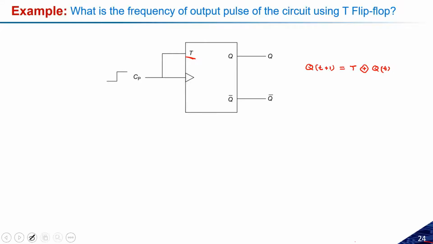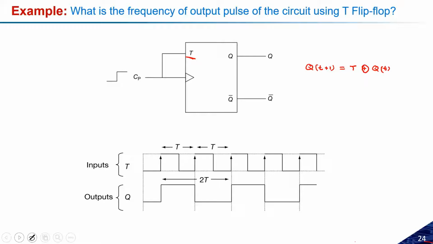Okay, so let us see how it will look. See here, suppose I have an input like this, input T, and this is the same as the clock pulse. Okay, T is like this, and it is a positive edge trigger, so the rising edge is at this stage. Let us assume this is the clock frequency of the input T, which is the same as the clock pulse.